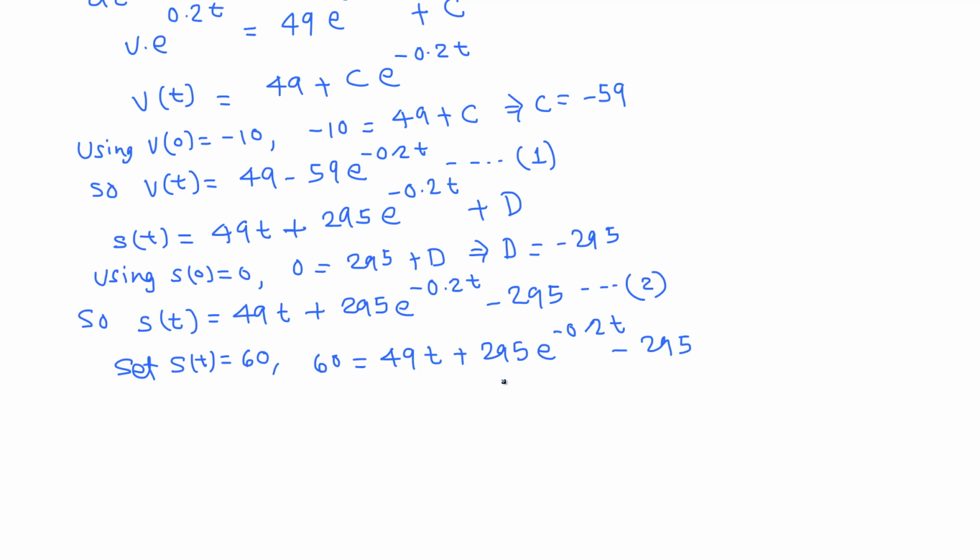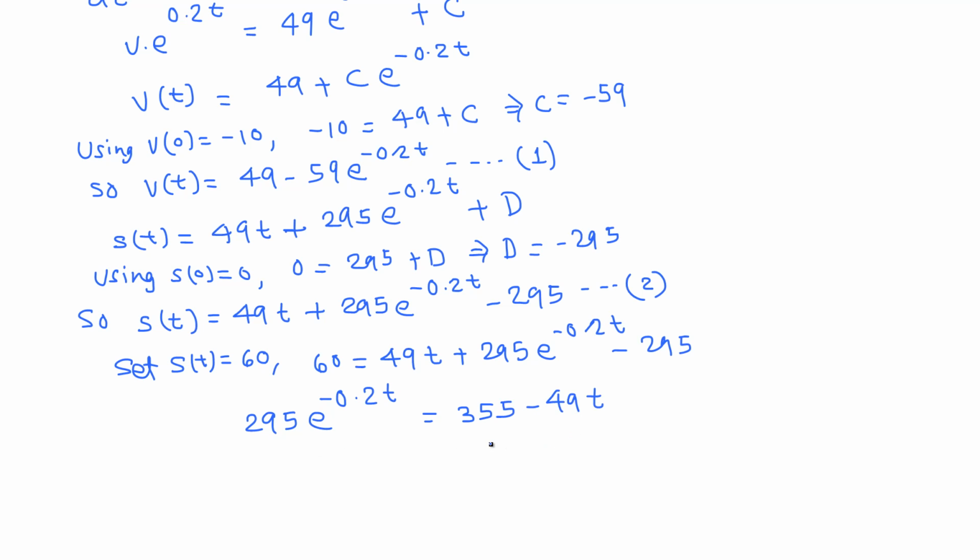Let me move 49t and 295 to the other side and leave the exponential term on one side. So 295 e raised to negative 0.2t, that middle term, equals 60 plus 295, that's 355, minus 49t.